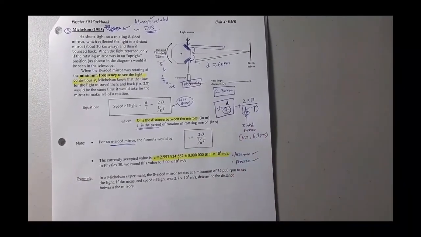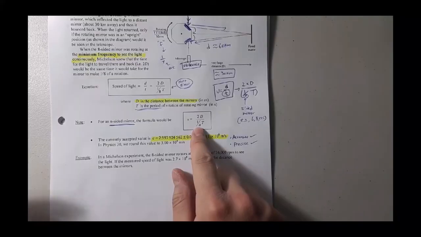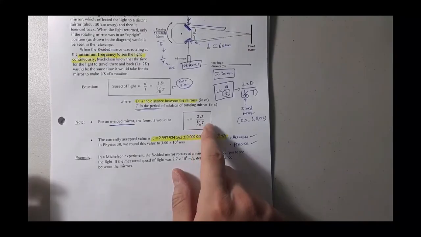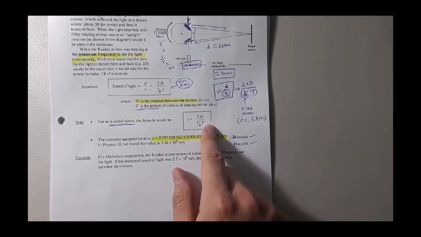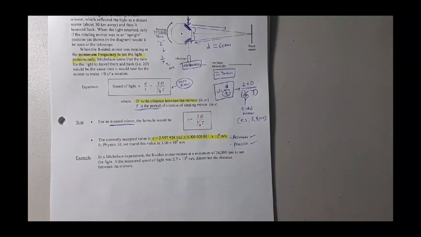The way that you can make things better, if the value is too small, is to make more number of sides, or make the frequency a little bit matched to a minimum frequency, not maximum frequency, or make the distance far apart. Simply as that.